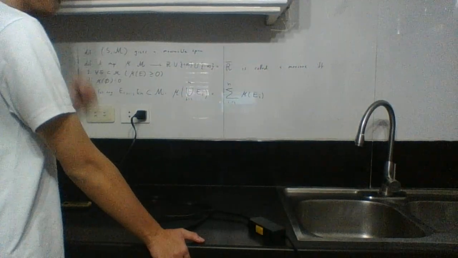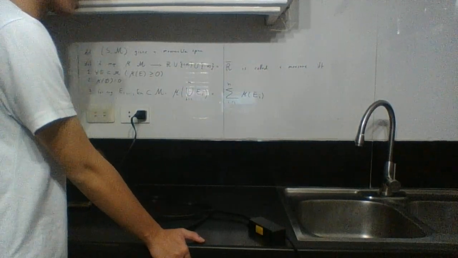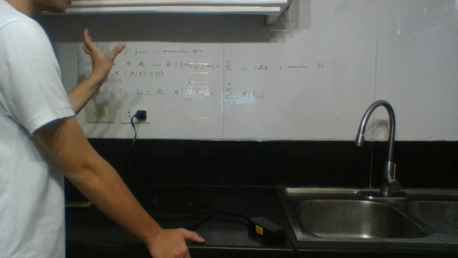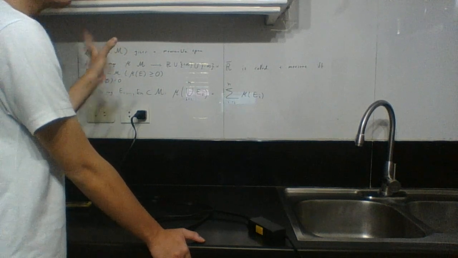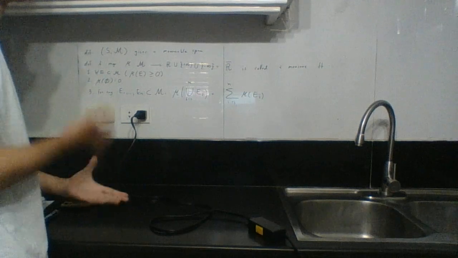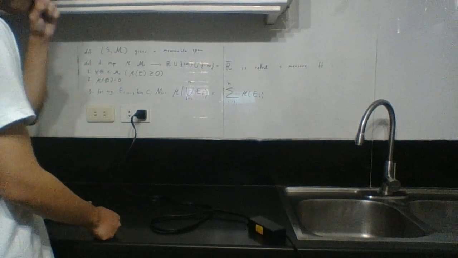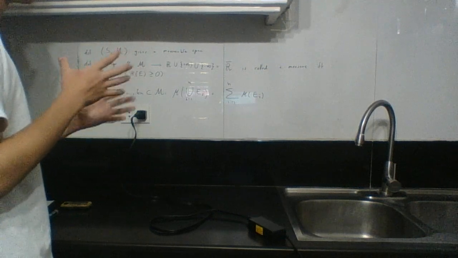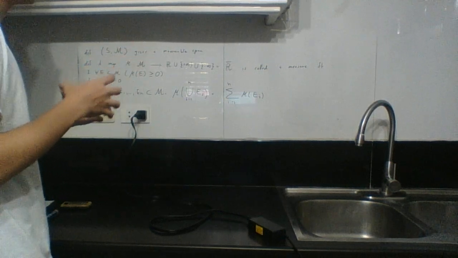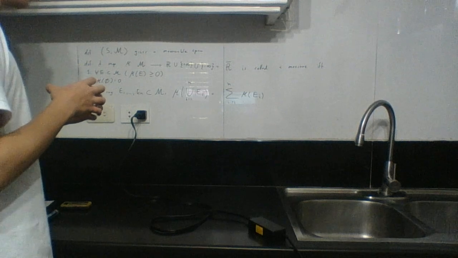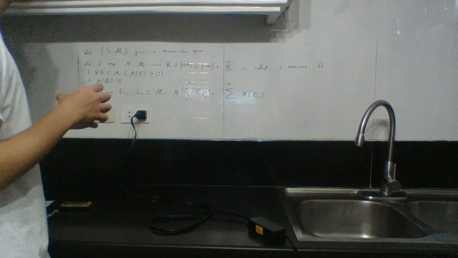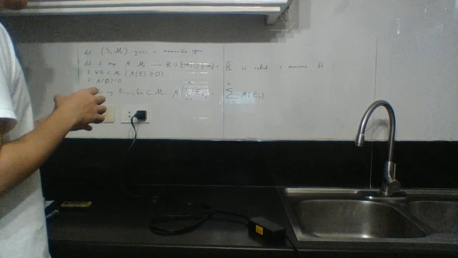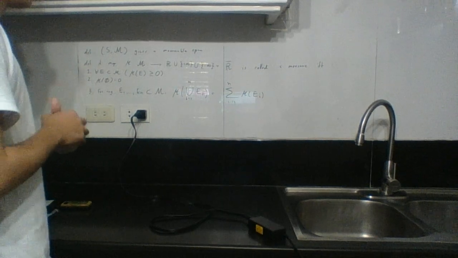And last one is that for any disjoint sets, what I mean by disjoint is that they have no intersection. Think of two blobs, any blob you want. If they don't cross each other, if there are no elements inside both of them, then those two are disjoint. That's what I mean by disjoint.